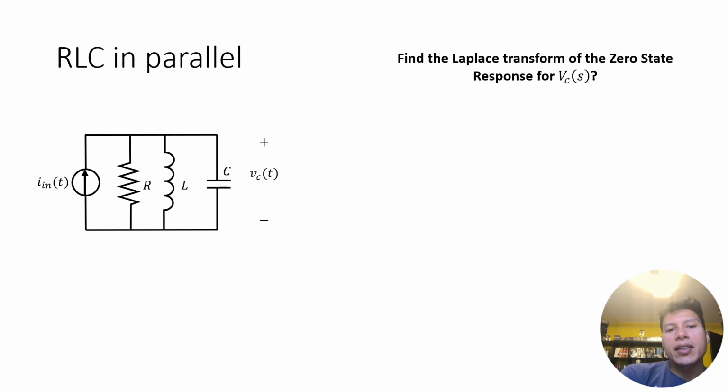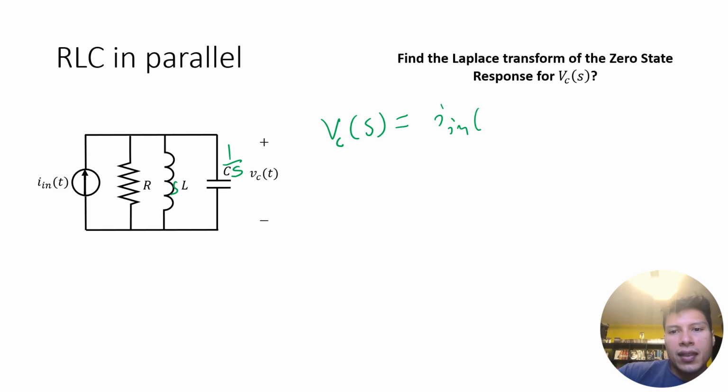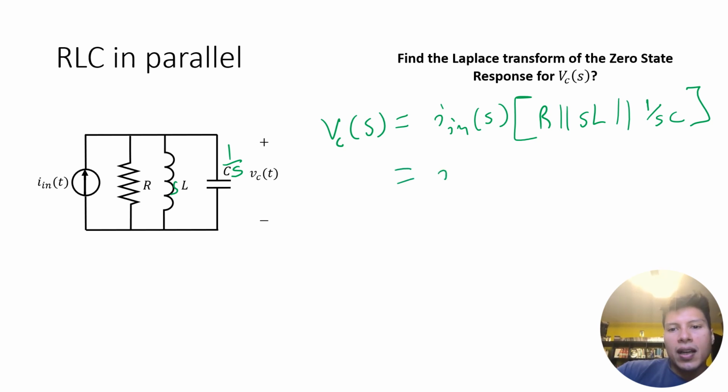If we wanted to find the zero state response, it would be a lot easier. We would just simply replace the inductor with an impedance, and then VC of s is just equal to I-in of s times R in parallel with sL in parallel with 1 over sC, and that's just equal to I-in of s divided by 1 over R plus 1 over sL plus sC.